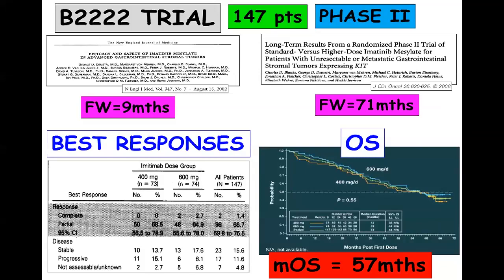The results are, in terms of best response and partial response, 68 versus 65, and when you combine all the responses, around 66% of response with imatinib, and median OS around 60 months.